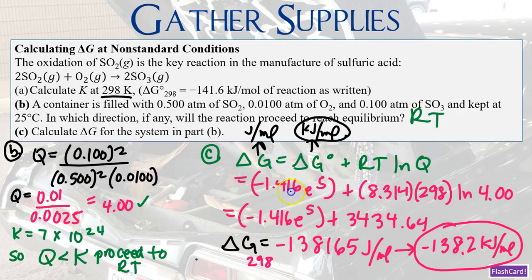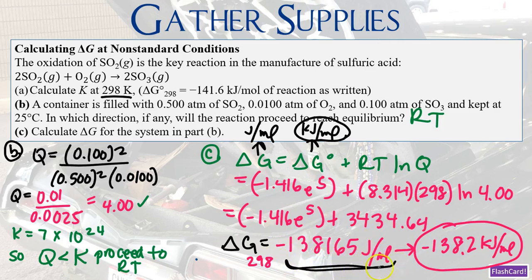So my delta G naught value is negative 1.416 times 10 to the 5. I'm going to add that to 8.314 multiplied by 298 multiplied by the natural log of 4.00. So again, I'm going to have negative 1.416 times 10 to the 5th plus 3,434.64. When I add these two numbers together, I get negative 138,165 joules per mole.